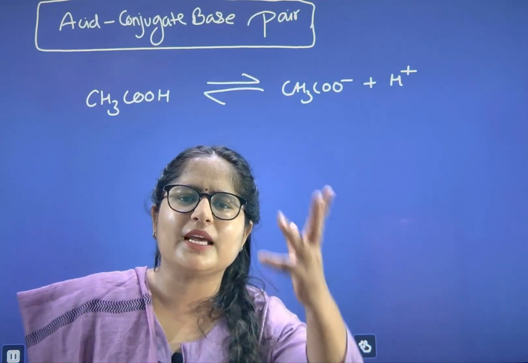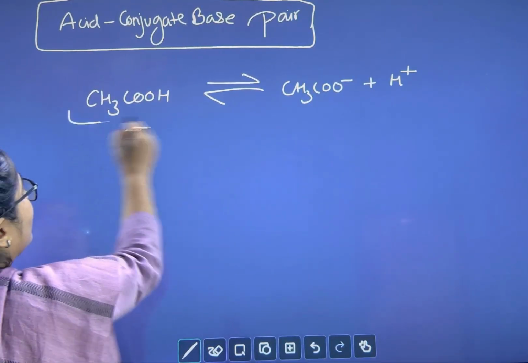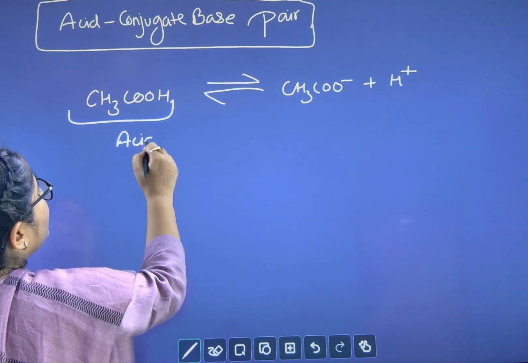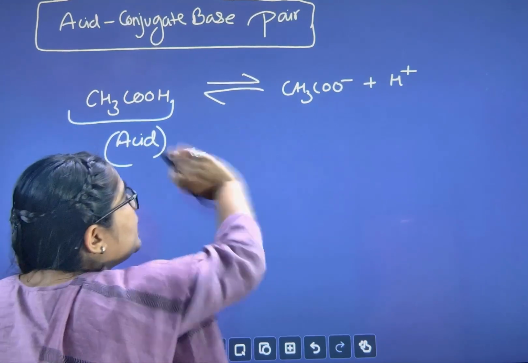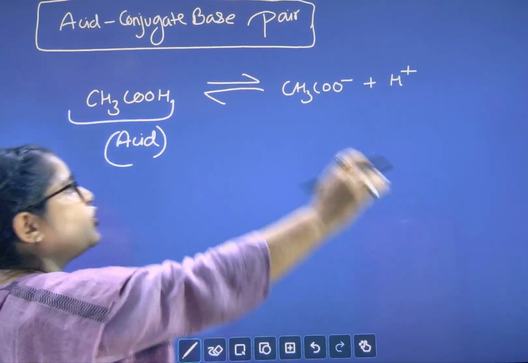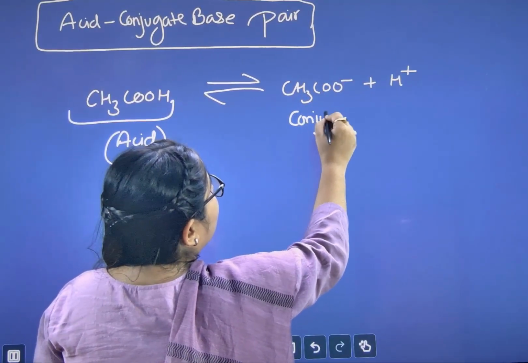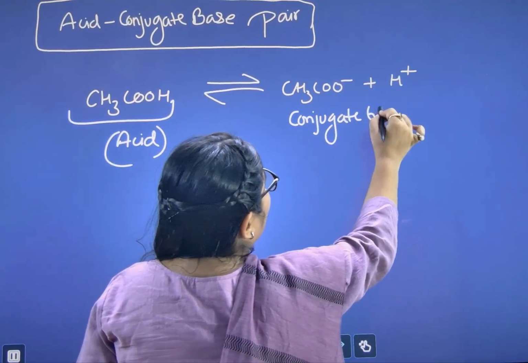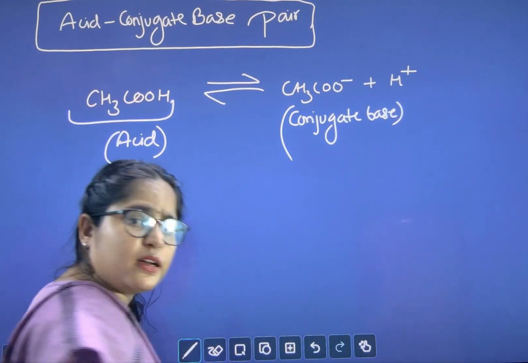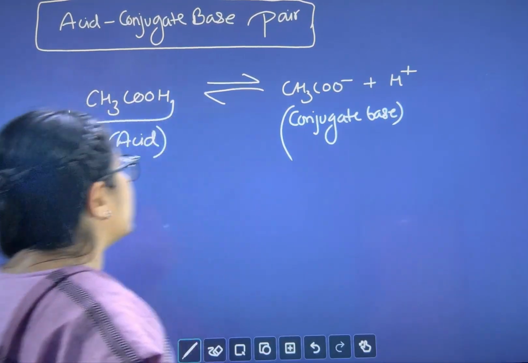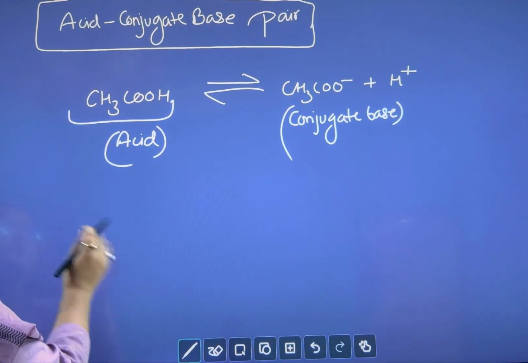Easy or not? Very easy, right? So this is our acid, and from the acid after removing hydrogen, whatever you get, that is our conjugate base. Clear? Okay. Let us see the next concept. What is the next concept?